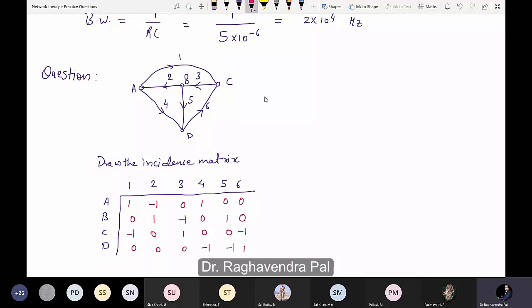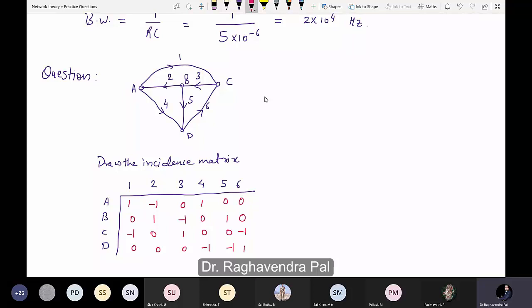So this is the incidence matrix for this graph. After drawing the incidence matrix, you should check whether you have drawn it correctly.